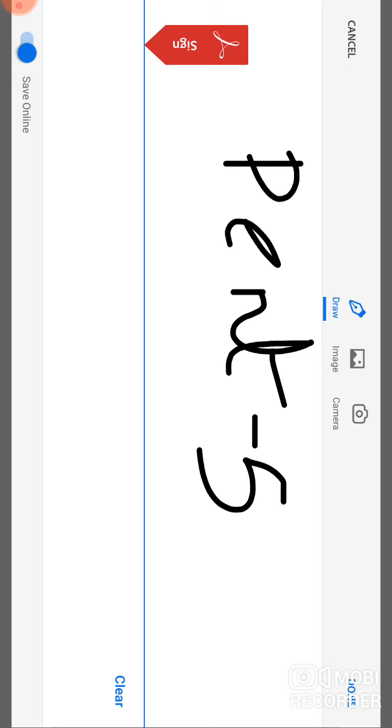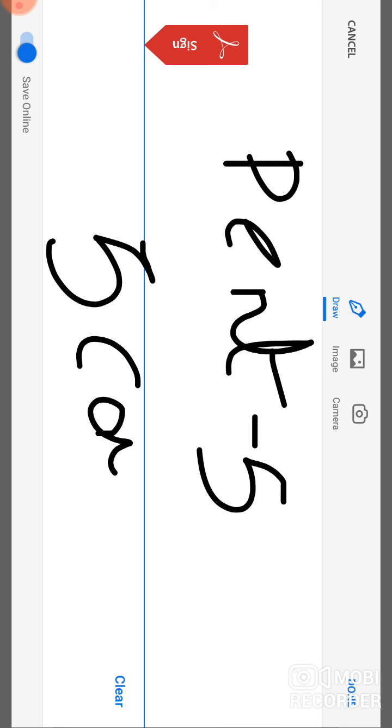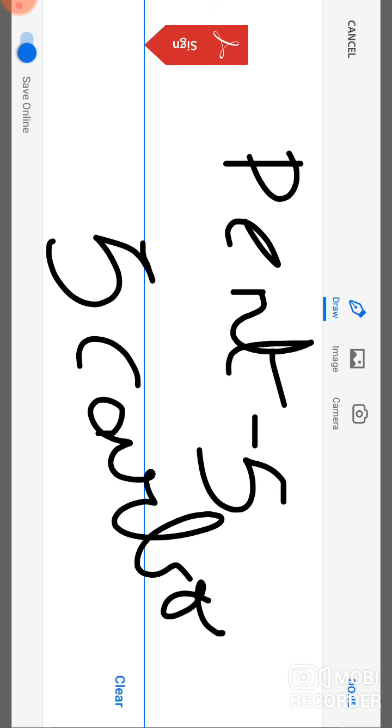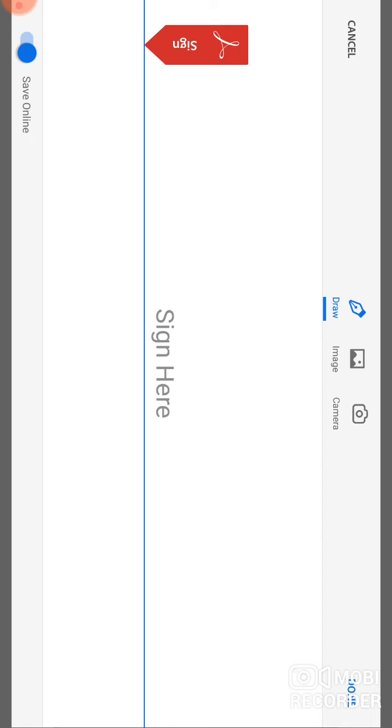Pent means 5, so you will be having 5 carbons. First we have an oxygen atom here. And next it's a pentose, and it will be having 5 carbons.